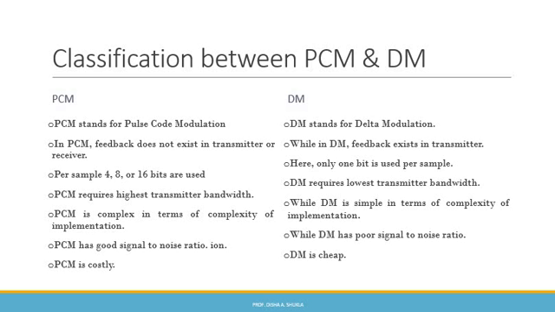Then each sample is quantized based on the average of the 2 points that it has, making the whole curve into square shapes. Those quantized values are then encoded into 0s and 1s. And finally, this is the difference between PCM and DM.